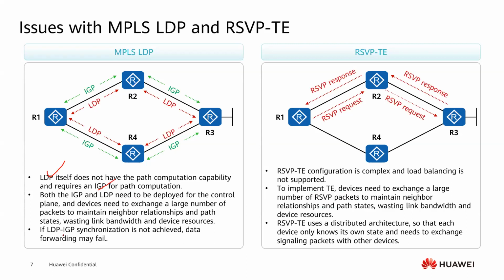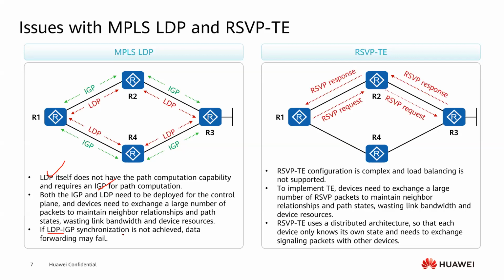Second, there is the LDP-IGP synchronization problem: if you do not enable synchronization under certain circumstances, you may face packet loss, especially when the main path is recovered and the backup traffic switches back to the main path.